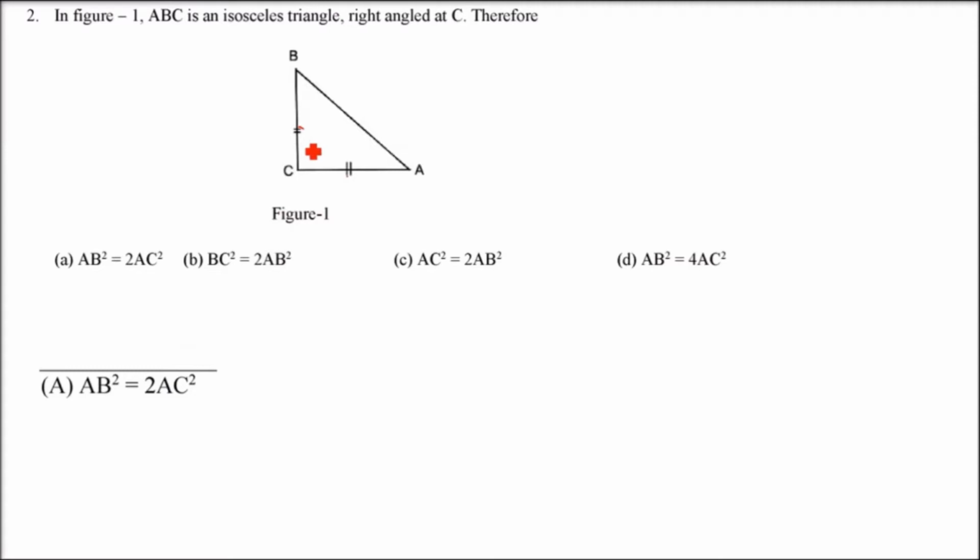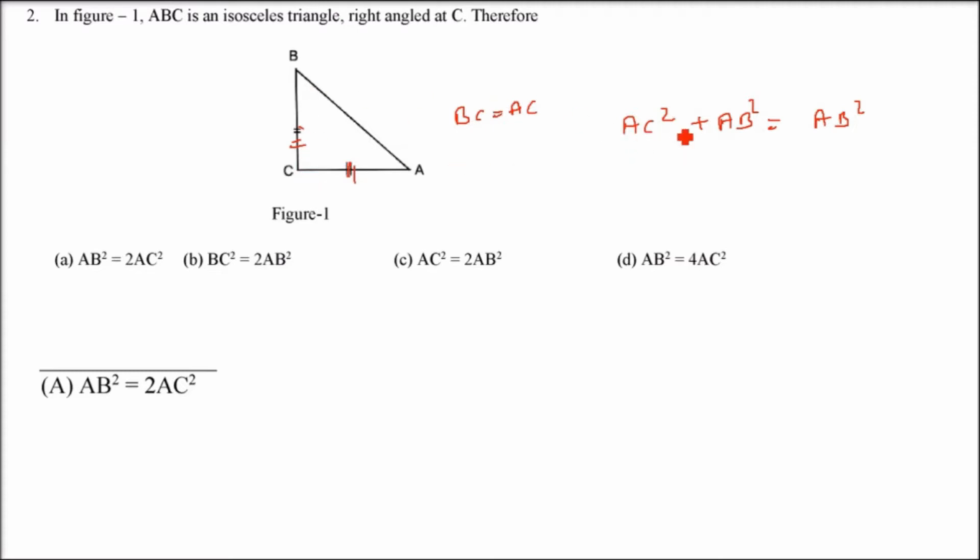It's a right angle triangle, so we'll use the Pythagoras theorem. AC square plus BC square equals AB square, this is not AB, this is BC. So AB square equals AC square plus BC square, Pythagoras theorem. And also AC equals BC.